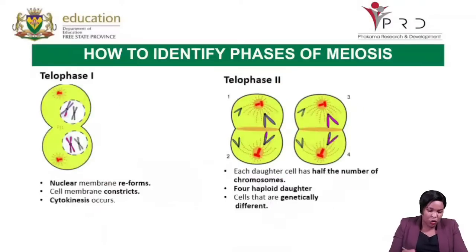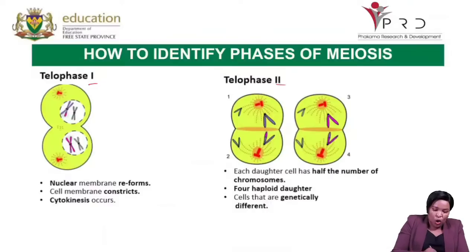Then the last stage will be telophase. Telophase 1 and telophase 2. What is happening during telophase 1? The nuclear membrane reforms. So once you start seeing this new formation of the nuclear membrane, then you know that this is telophase 1. The cell membrane constricts. So here, the cell membrane constricts and forms what we call a cleavage.